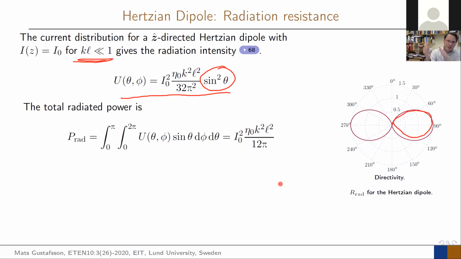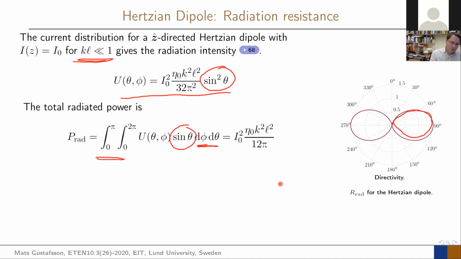The antenna radiates in all directions around us, and I have to sum up that radiation, which means I have to integrate over phi and theta, so the spherical coordinates. I have to weight it with this sine theta, because the north pole is very small compared to the equator. So that's the weight factor that comes in. And then I sum up all of these pieces.